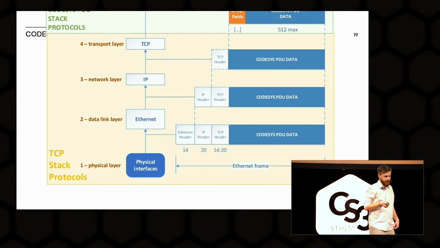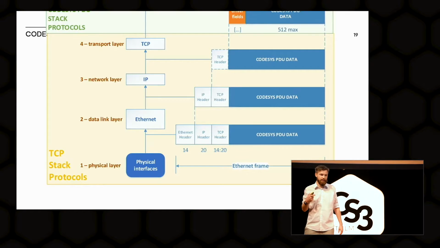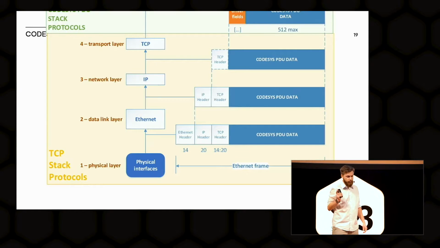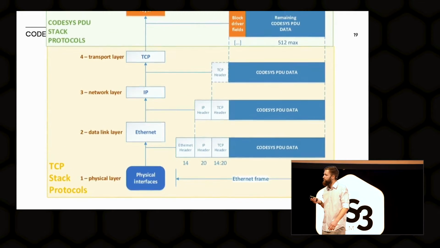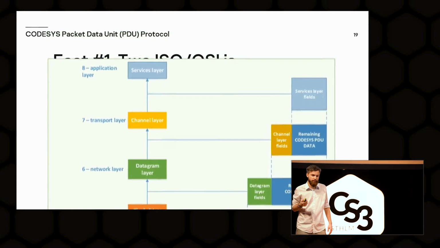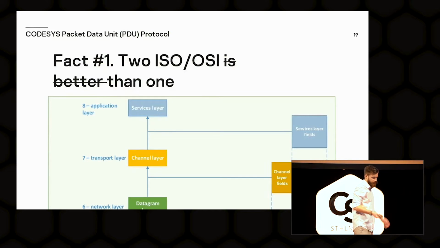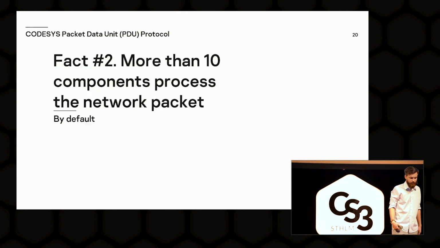So it means that the resulting packet, which was sent over, for example, TCP, will contain two protocol stacks. First, TCP, which is based on the OSI model, and CODESYS PDU, which is also based on the OSI model. So it is quite interesting.